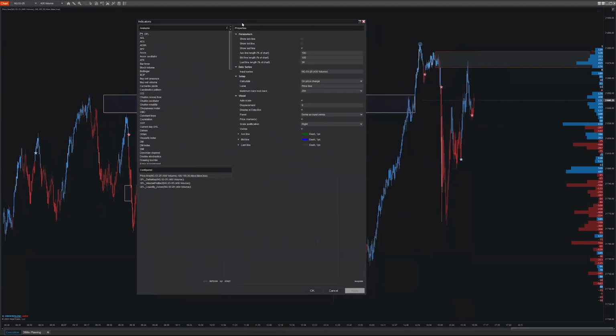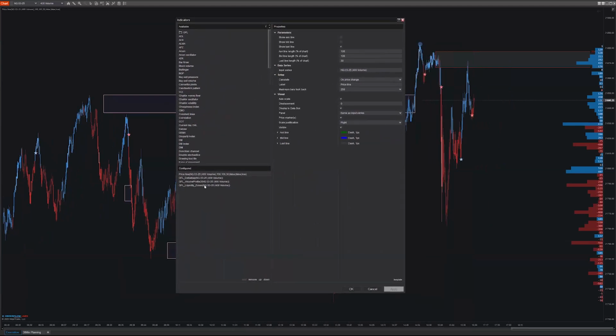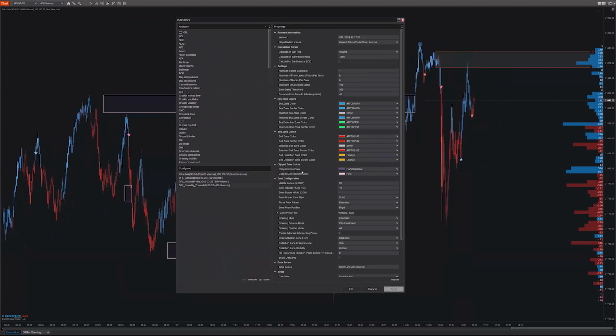And so you can mark those areas of interest one color if it's just not active, it's been untouched, and then another when price has traded into that zone. And so then it would change colors. And so you have full control over those things.